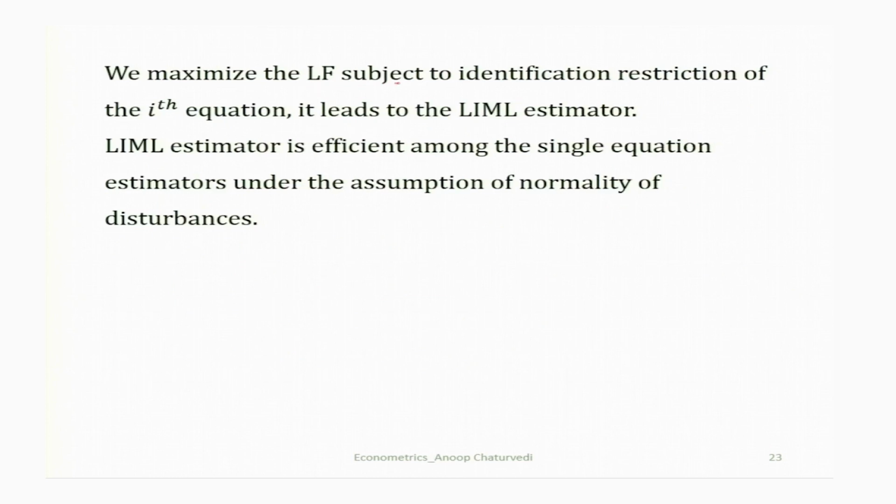Then we maximize this likelihood function subject to identification restrictions of the ith equation, and then we get the limited information maximum likelihood estimator. The limited information maximum likelihood estimator is efficient among the single equation estimators under the assumption of normality of disturbances. We are taking the assumption of normality of disturbances, and under this assumption this estimator is efficient among the single equation estimators.